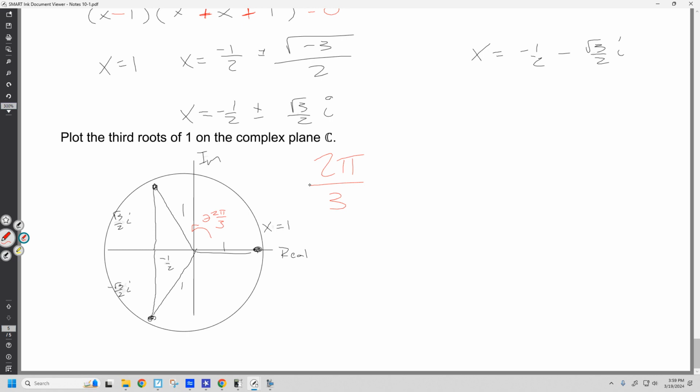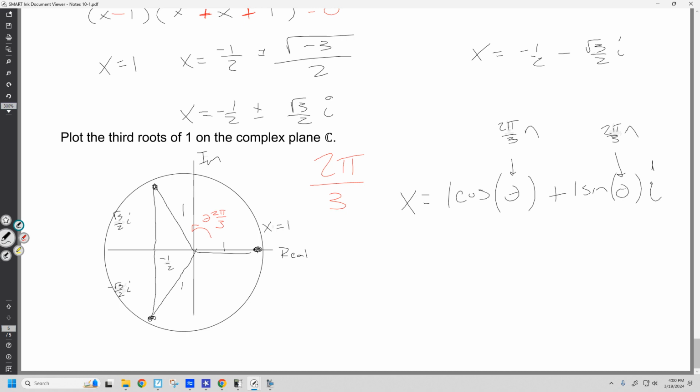We get 2 pi over 3, 4 pi over 3, 6 pi over 3. It's almost as like we could write the solutions as r cosine theta, where theta are multiples of 2 pi over 3, plus r sine theta, where theta are multiples of 2 pi over 3, times i.